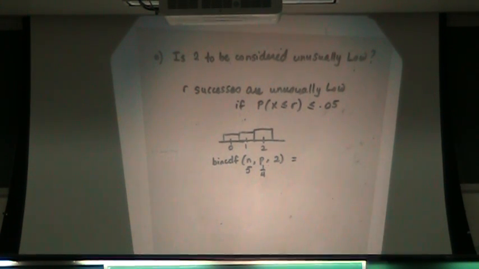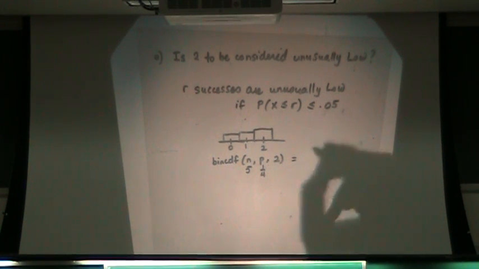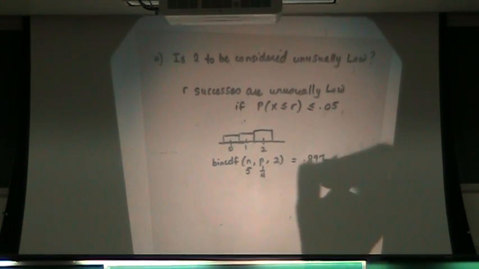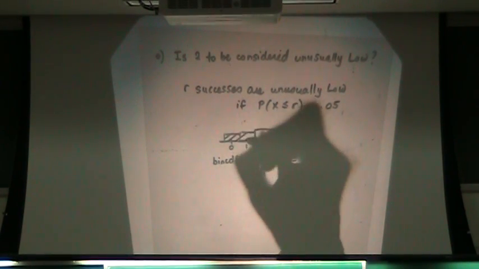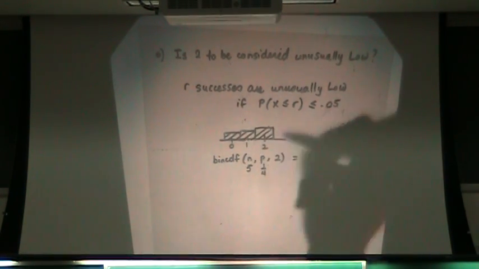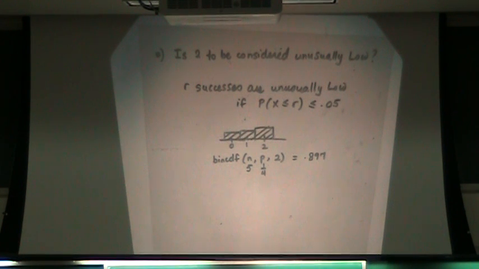How come your calculators are not out? Yeah, 0.897, right? Huge probability. So I took the sum of all of these because I want 2 or less.